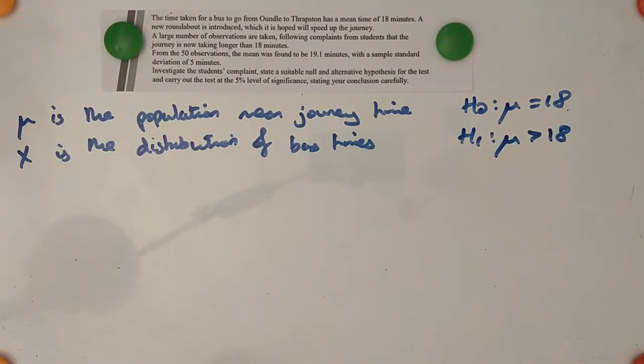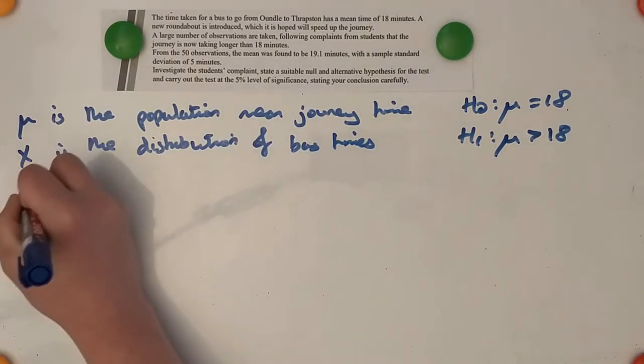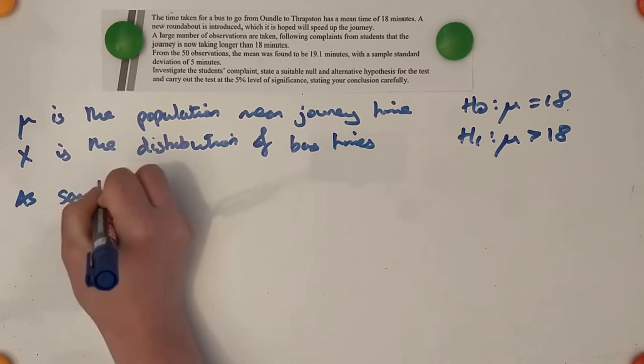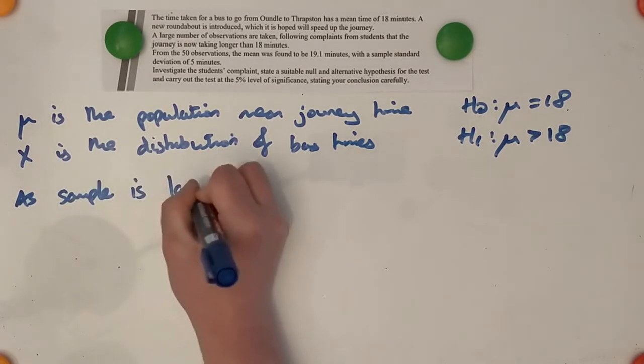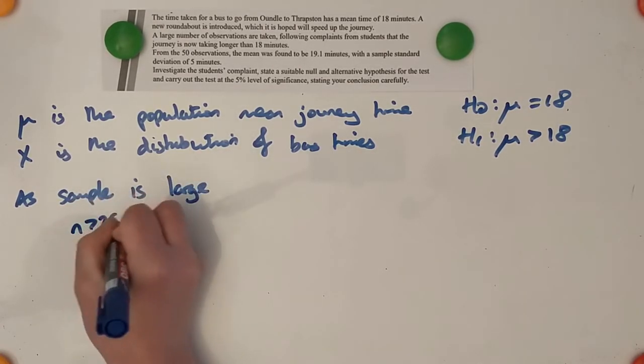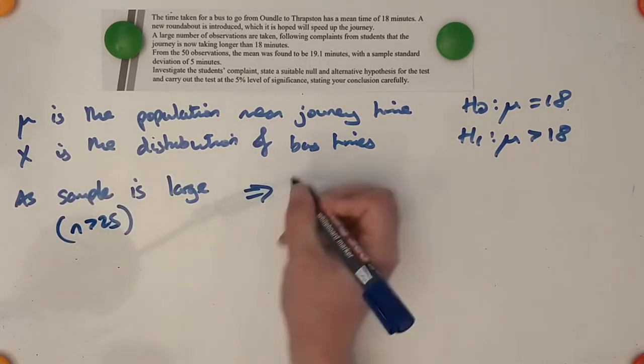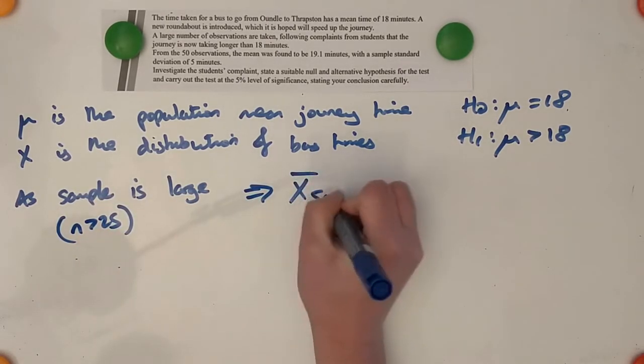Now, we do not know the population variance or the distribution of the times, but because the sample size is large, we can estimate the distribution of the sample mean. So, as the sample is large, because n is bigger than 25, that means I can estimate the sample distribution to be normal.